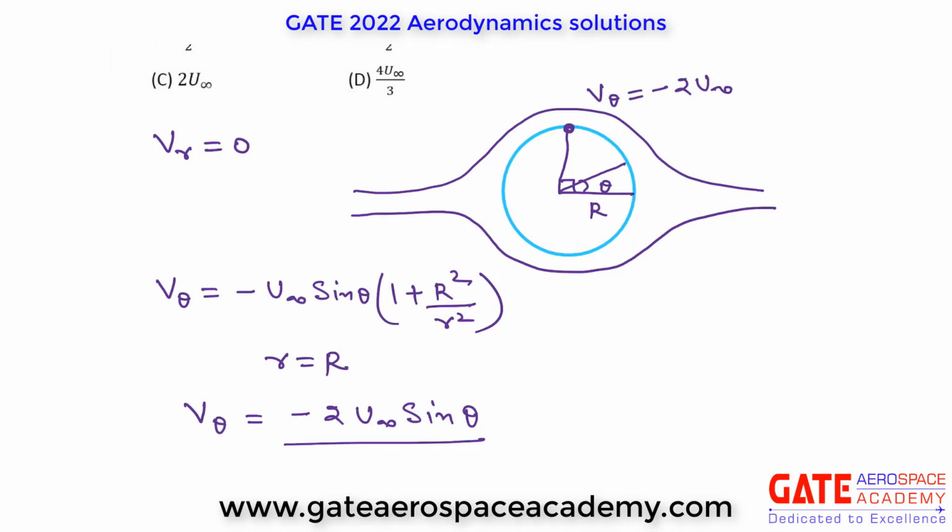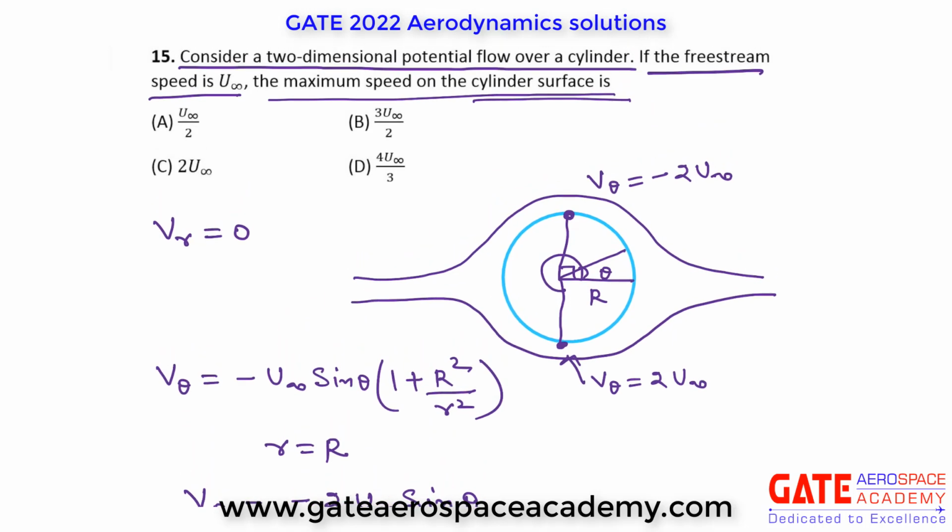And at theta equal to 3 pi by 2, sine theta will be minus 1. So at the bottom, V theta will be equal to 2 times u infinity. This is the known result, that the maximum velocity on the cylinder surface is 2 times the free stream velocity, right. Free stream is u infinity. So option C.